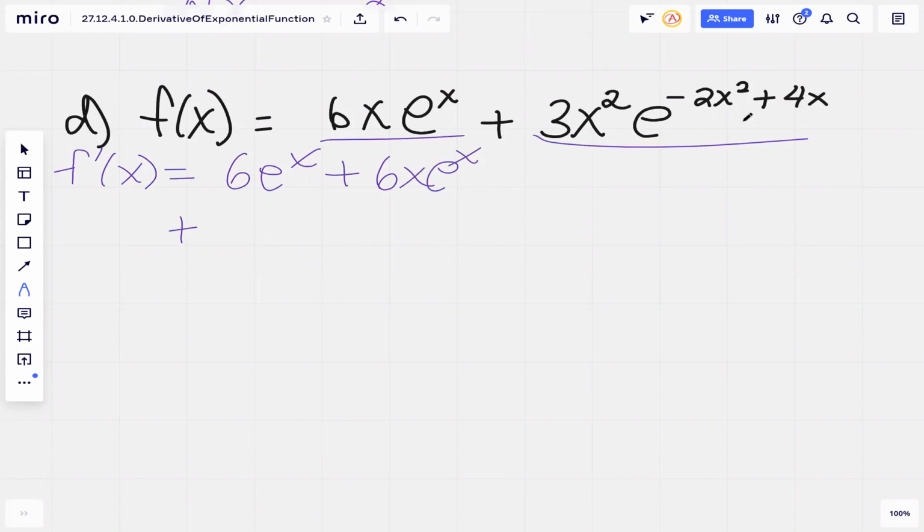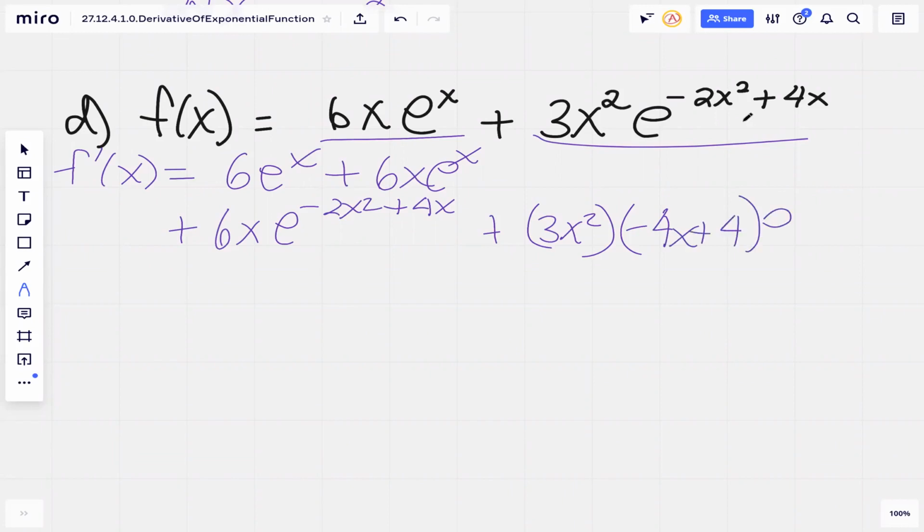let's do this term down here. So derivative of 3x squared is 6x times e to the negative 2x squared plus 4x plus 3x squared times the derivative of e to the negative 2x squared plus 4x, right, and take the derivative of the exponent, so negative 4x plus 4 times e to the negative 2x squared plus 4x.